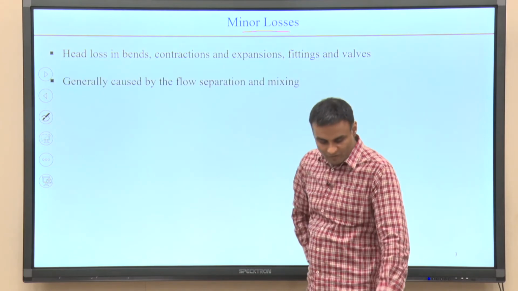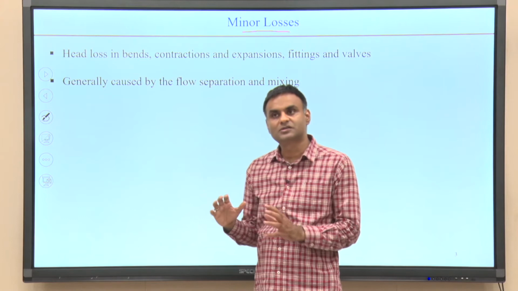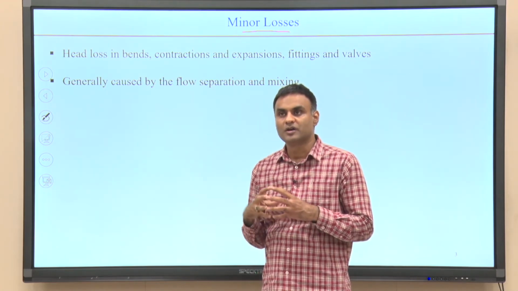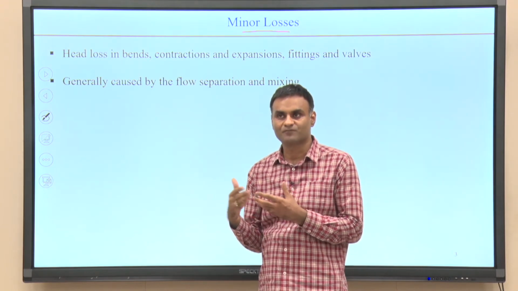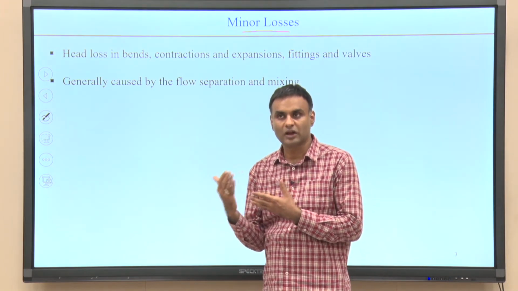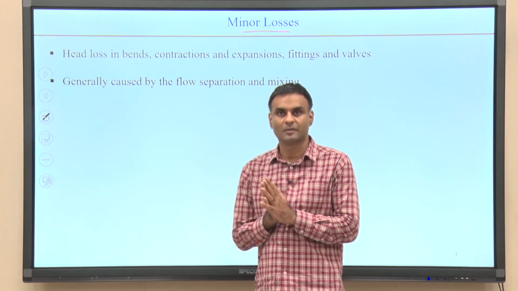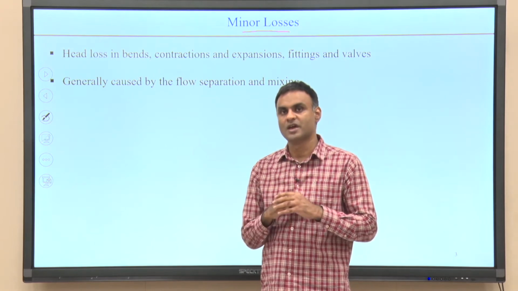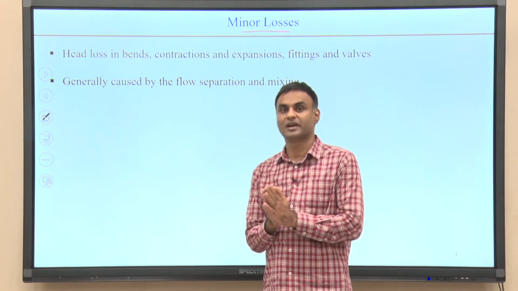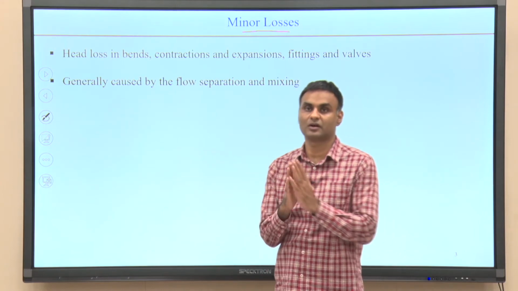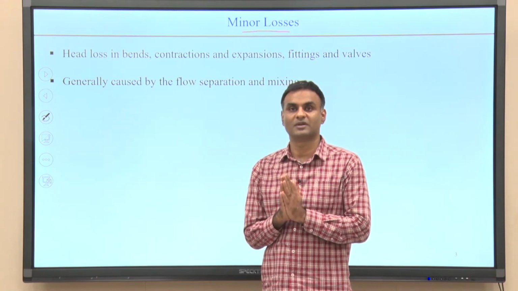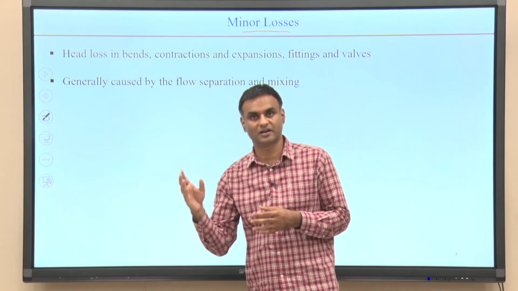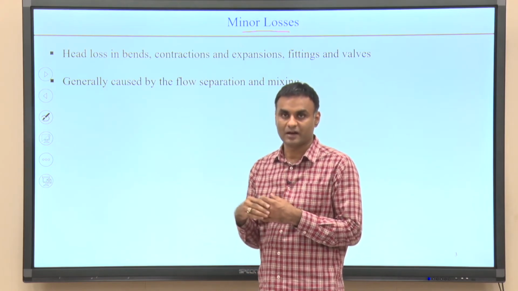The physics is not so simple. It is very difficult to find a theoretical value for the loss in case of minor losses, because when we talked about major losses, it was a fully developed flow in a pipe of uniform cross sectional area, and we could derive the equation for the loss for laminar flow analytically, and for fully developed turbulent flow we could relate it with experimental data.